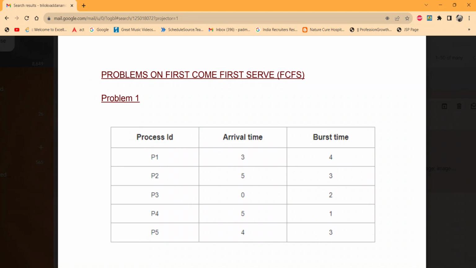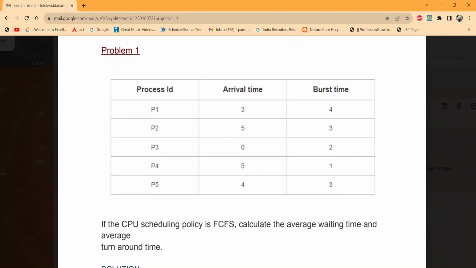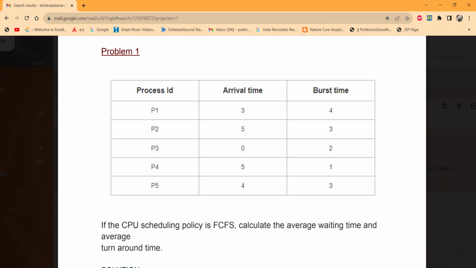Now, as we have seen, the first CPU scheduling algorithm is first come first serve algorithm. Now, as you can see, my dear friends, there is a process ID, arrival time, and burst time of five different processes given to you. They are telling us that the CPU scheduling policy followed is first come first serve.